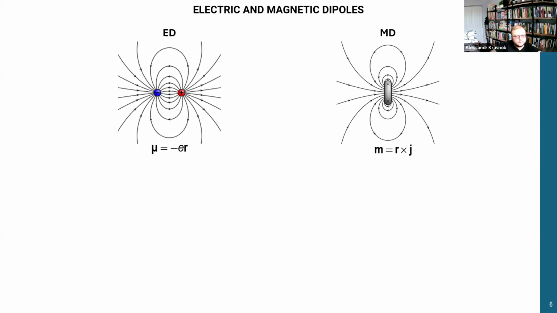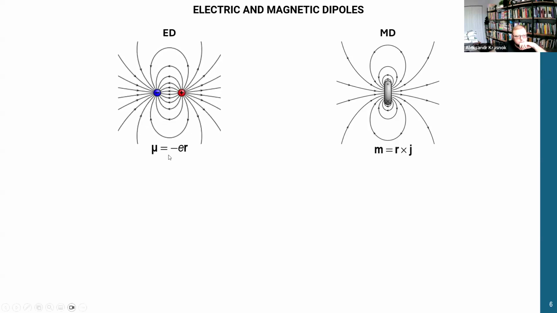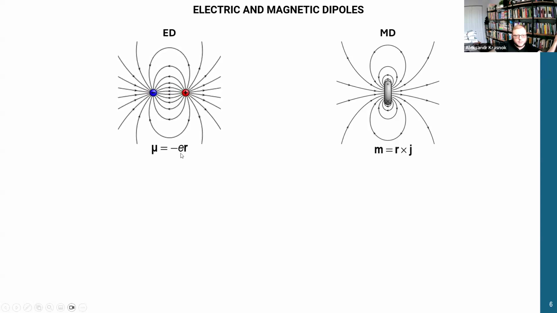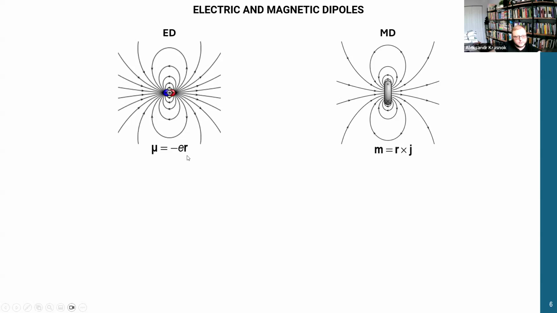This function is odd, meaning that if you flip the coordinate system, if you replace all coordinates by minus, R becomes minus R, and so you get this minus in there. So this is an odd function.